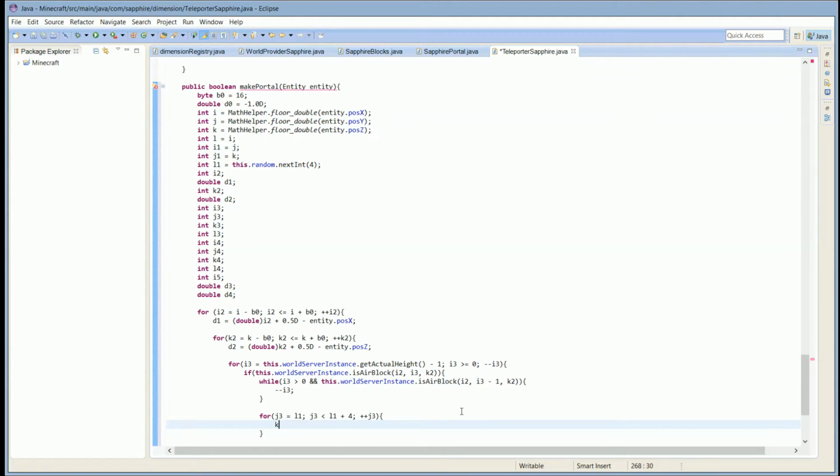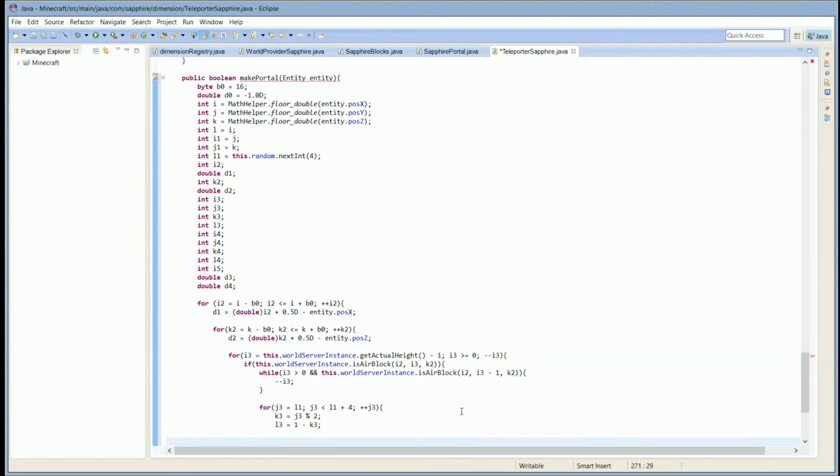Okay, and then we go K3 equals J3 percent 2, and then L3 equals 1 minus K3. Okay, so we're just setting stuff up still.